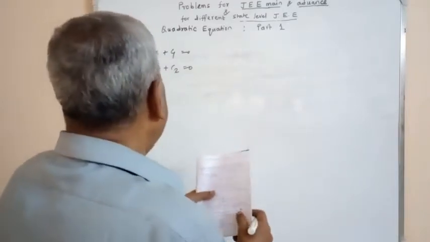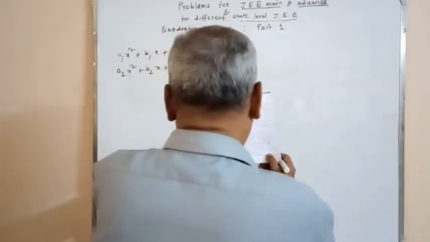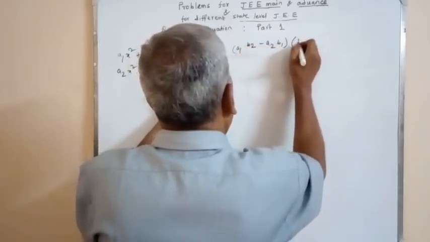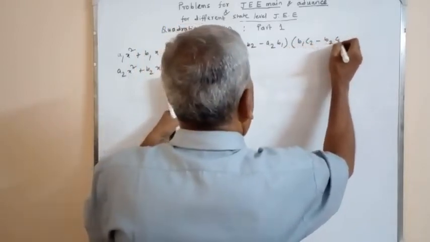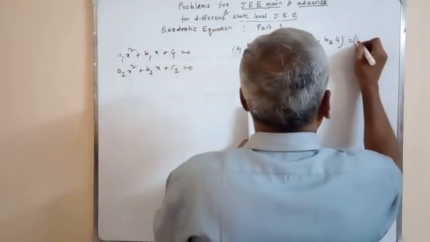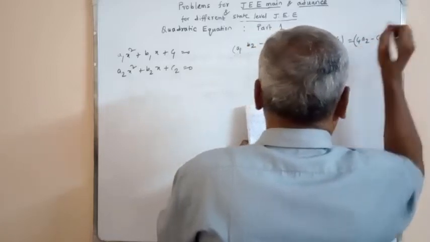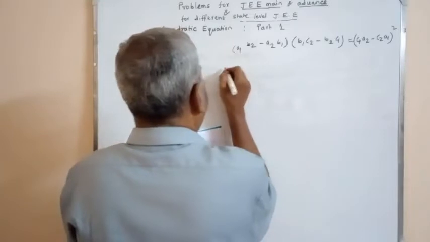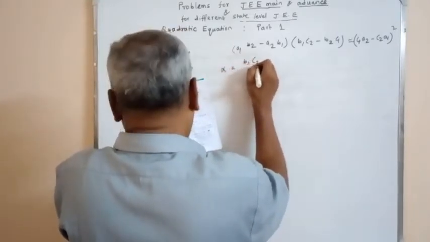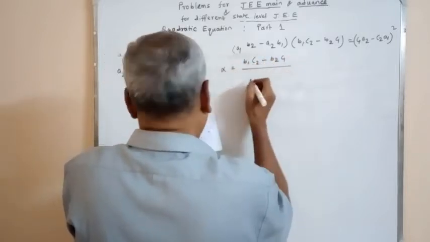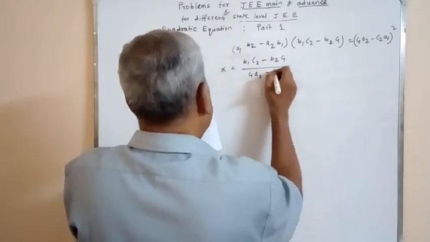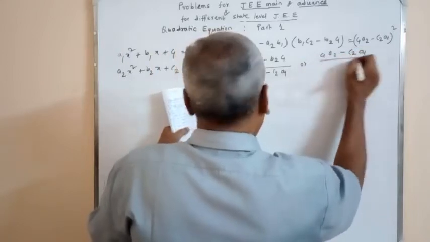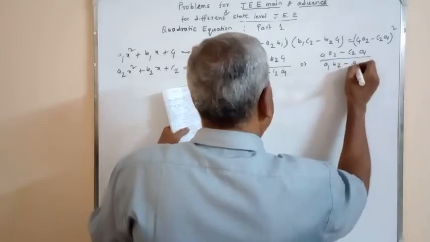And if the coefficients are such that a1 b2 minus a2 b1 into b1 c2 minus b2 c1 is equal to c1 a2 minus c2 a1 whole square, then they have a common root, and the common root is either b1 c2 minus b2 c1 by c1 a2 minus c2 a1, or c1 a2 minus c2 a1 divided by a1 b2 minus a2 b1.